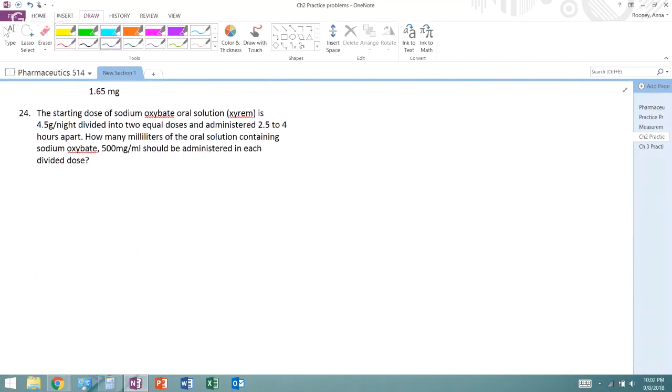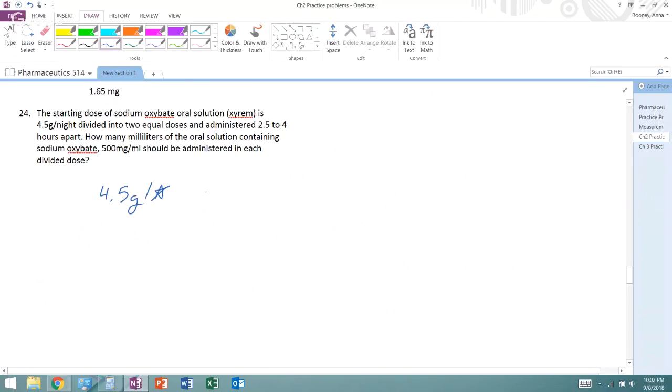All right, so the starting dose of sodium oxybate oral solution, Xyrem, is 4.5 grams a night, divided into 2 equal doses administered 2.5 to 4 hours apart.